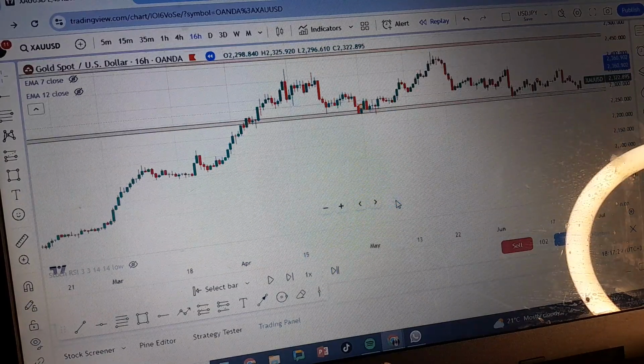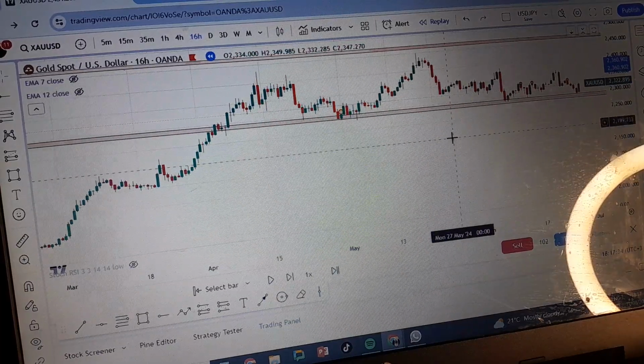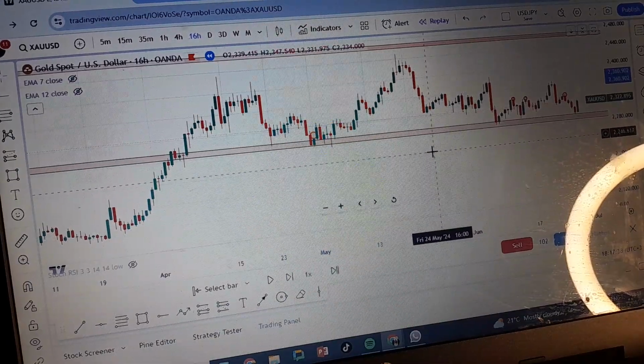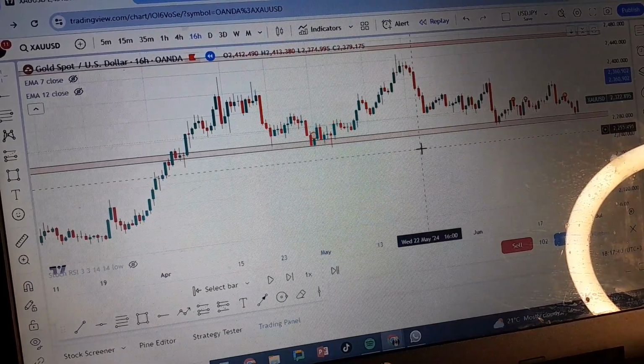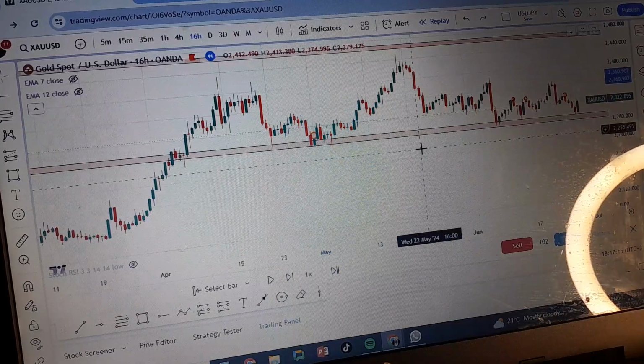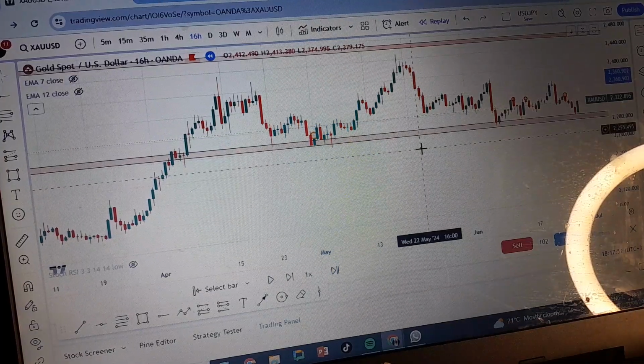And for gold, sometimes I go back to a lower time frame like 5 minutes just to assess and understand exactly what the structure is all about, because gold is very volatile. It tends to move very fast, so you need to see how you can position yourself so that you don't miss out on those big moves. At the same time, you also have the correct risk management when you're handling gold.